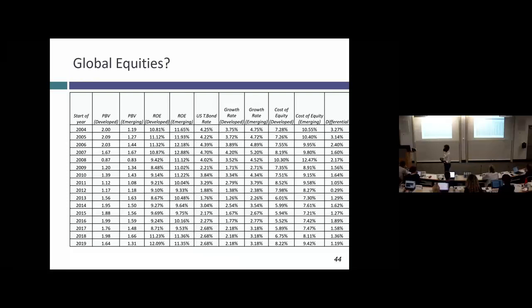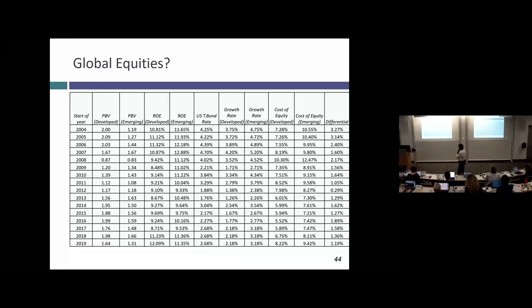Investors were pricing developed market companies to earn a 7.28% return. They were pricing emerging market companies to earn a 10.55% return. These are both in dollar terms, so I can compare apples to apples. So in 2004, investors were pricing in an extra return of 3.27% for investing in emerging markets. Why? They're riskier. Makes sense, right?